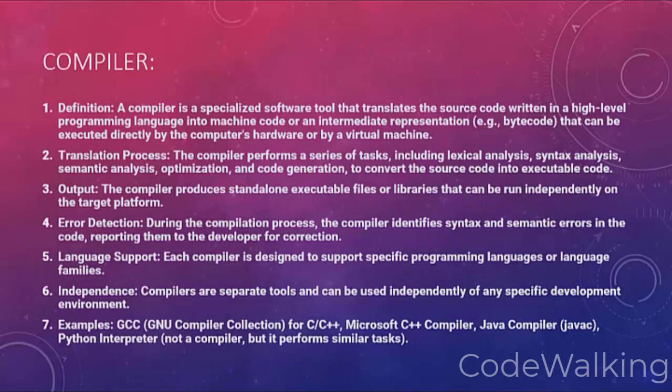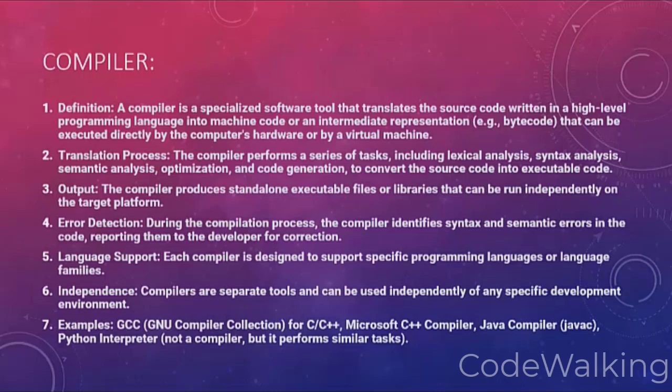So basically the compiler compiles the whole code into one thing. As you can see, when you open a program, it's in an exe file. You don't see the whole code behind it because it's been totally compiled into one file. So the work of the compiler is that it forms a standalone executable or files or libraries.